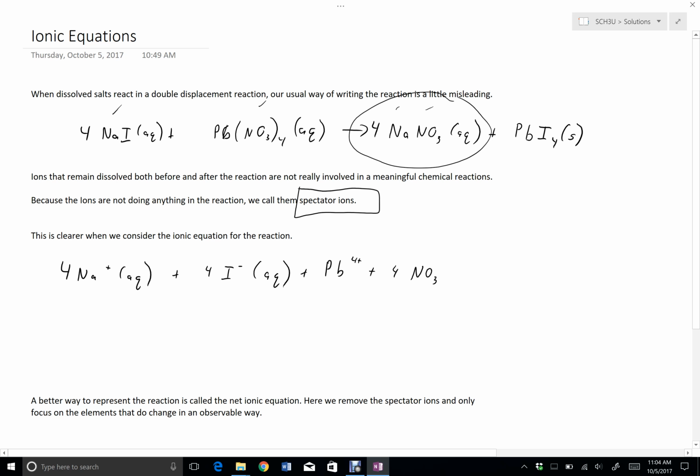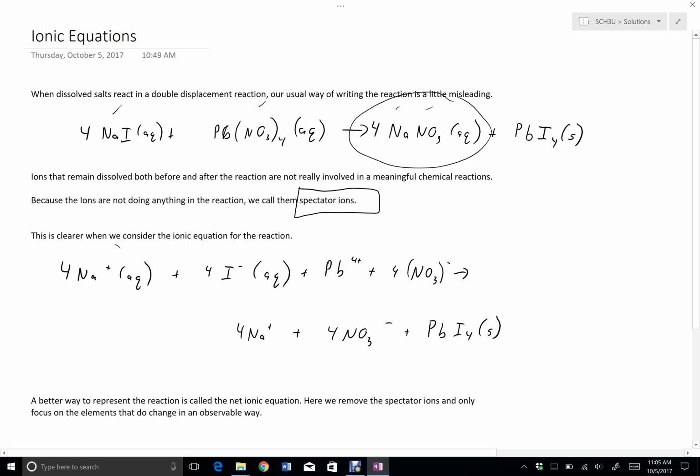So before the reaction, we would have had 4 sodiums, 4 iodines, 1 lead 4, and 4 nitrates. And then after the reaction, I would have 4 sodiums, 4 nitrates, and the lead and the iodine would have clumped together to form a solid or crystallized.